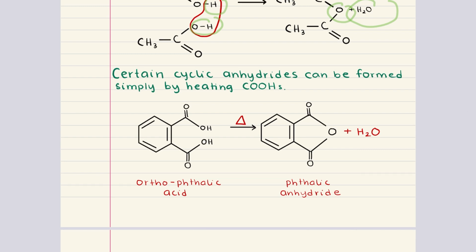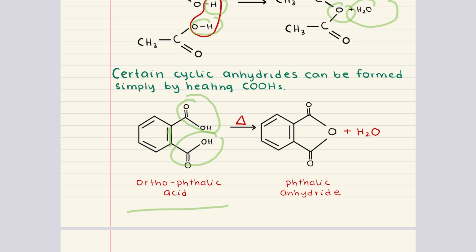Certain molecules containing two carboxylic acid groups on the same molecule, especially when they're close together, can form cyclic anhydrides simply by heating. A great example is orthophthalic acid. This compound contains two carboxylic acid groups that are on adjacent carbons of a benzene ring.